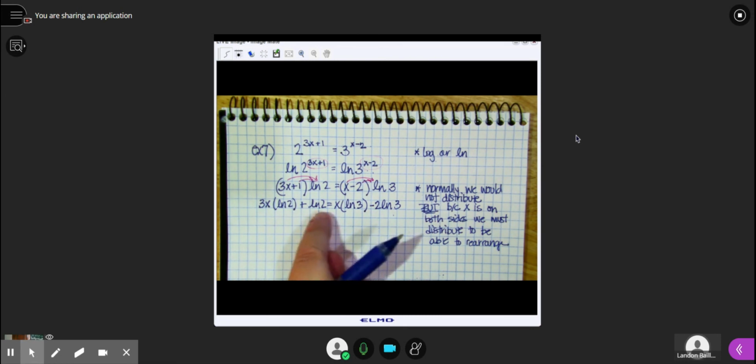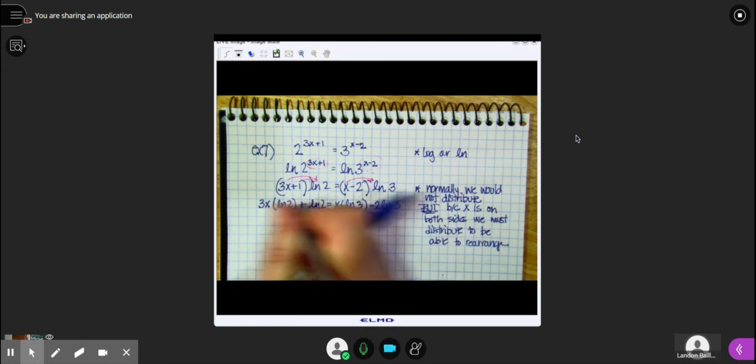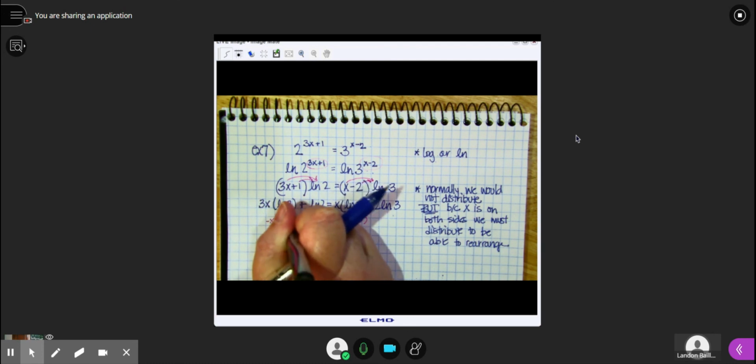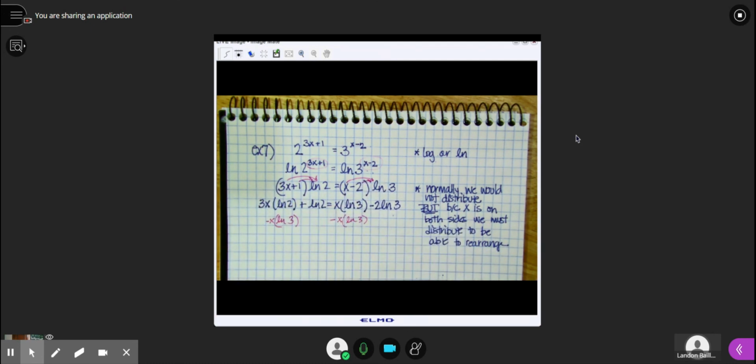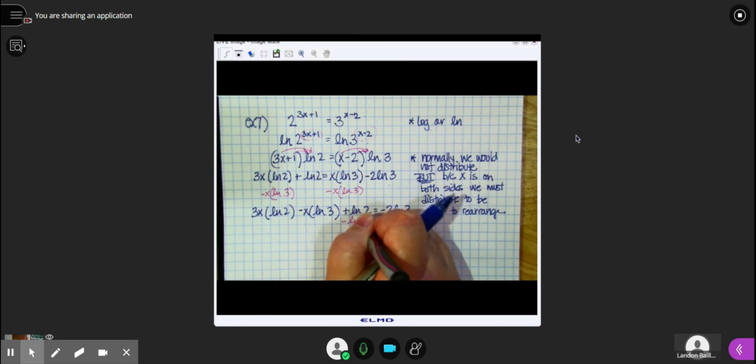Now that each one of these is a term, I can subtract x ln 3 from both sides to get my x's together. And then subtract the ln 2 from both sides.